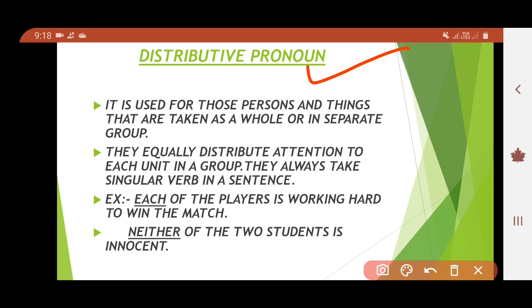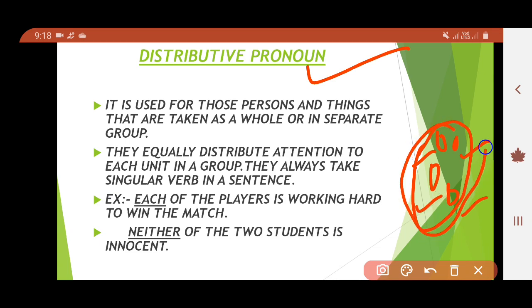If it is talking about a separate group, then the distributive pronoun will give importance to all the parts or all the units that are present in this group.